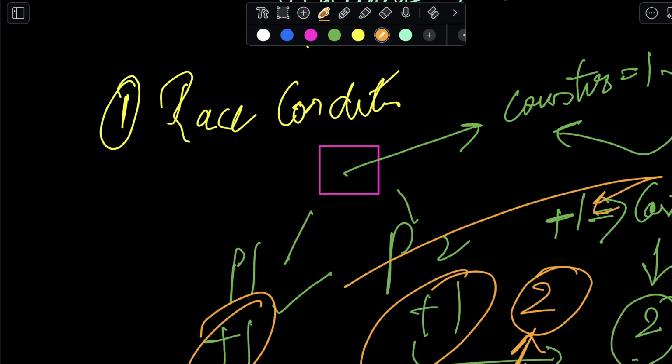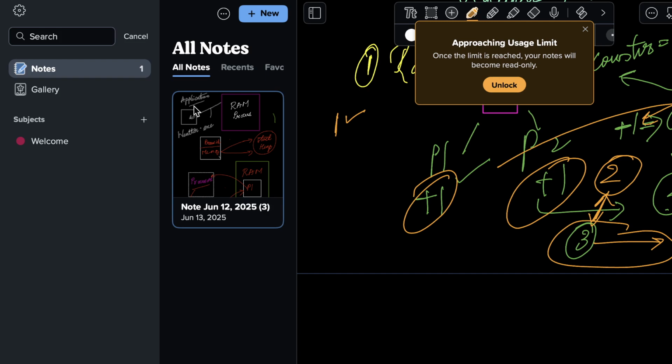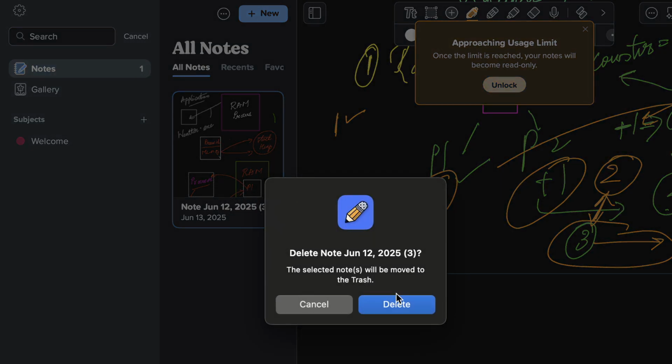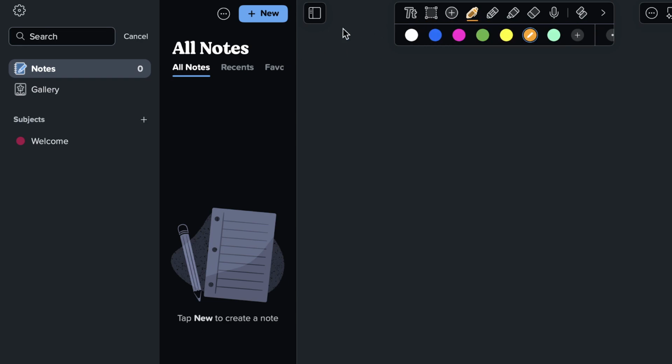So instead of waiting for one to complete and then the next one coming, both of them are accessing at the same time, right?